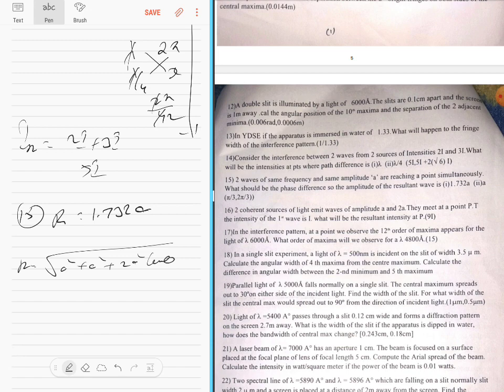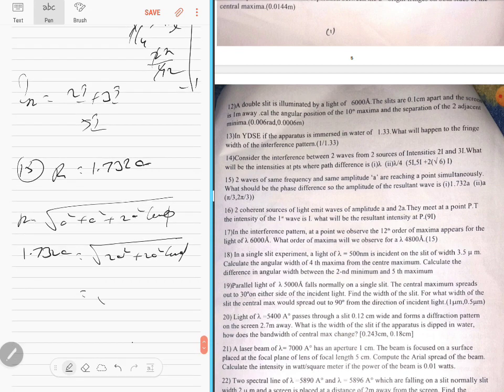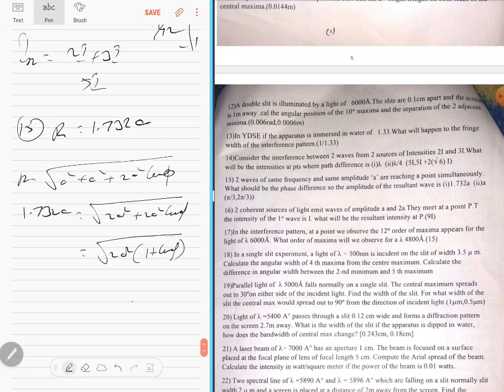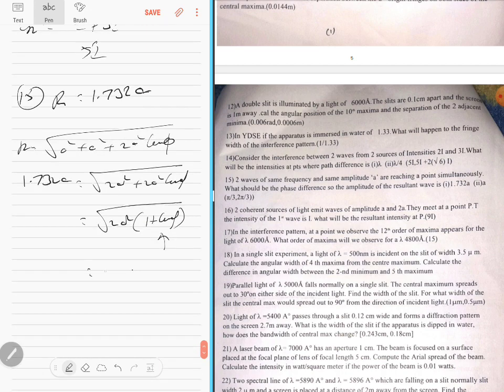Two waves of same frequency and same amplitude are reaching the same point simultaneously. What will be the phase difference phi, so that the amplitude of the resultant wave is 1.732a? This is equal to root of a square plus a square plus 2a square cos phi. You can take 2a square common, and 1 plus cos phi is 2 cos square phi by 2.